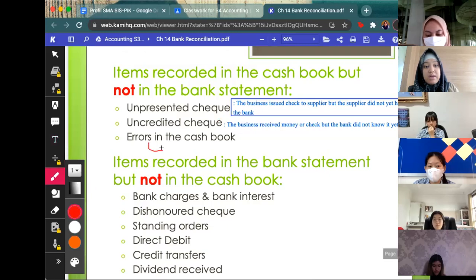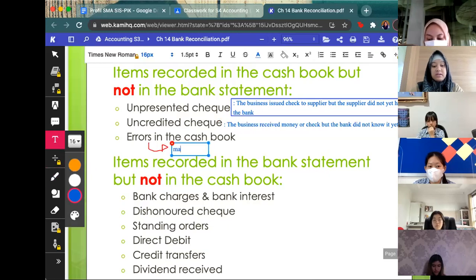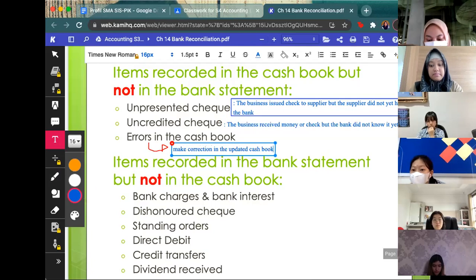We must make the correction in the updated cash book.